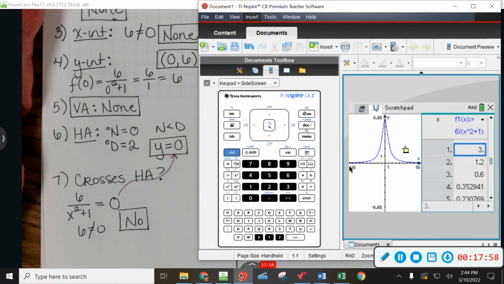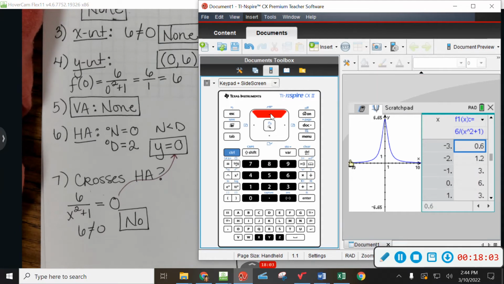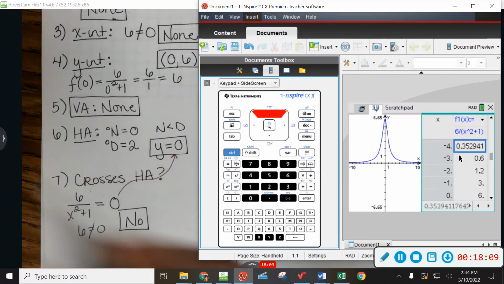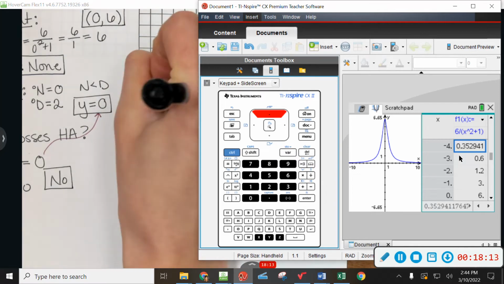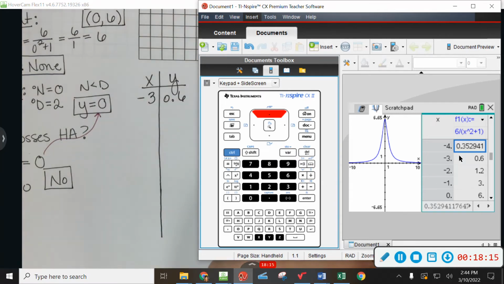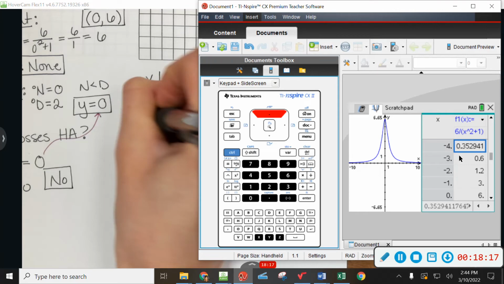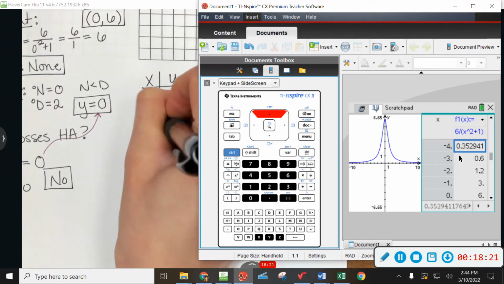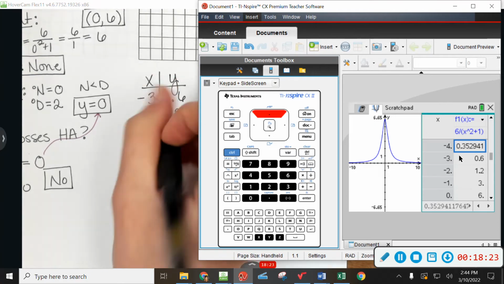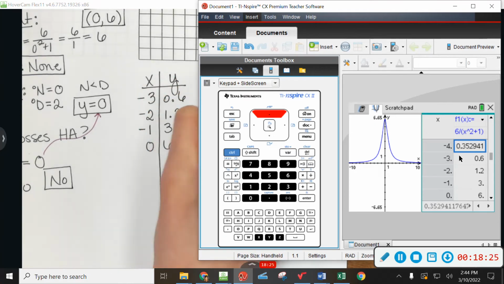Still go to your table. Go as far negative as you think you need. Okay? I'm going to go from -3, 0.6, -2, 1.2, -1, 3, 0, 6, which is the y-intercept we already solved.